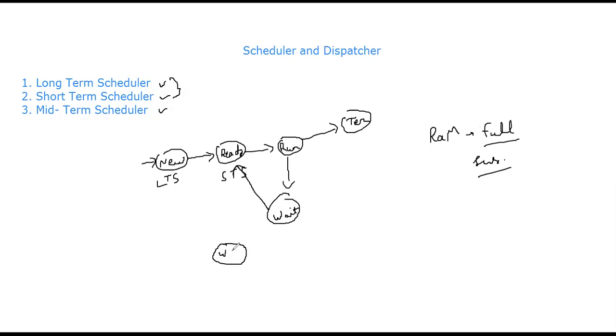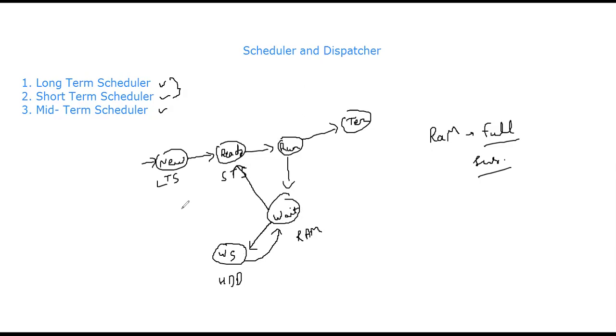There is wait suspended, where we have picked that if my waiting queue gets full, I'll send processes from wait to wait suspended, and wait suspended is in the hard disk. And then, once it gets free, I'll select certain processes and send them to the waiting state, or into the RAM.